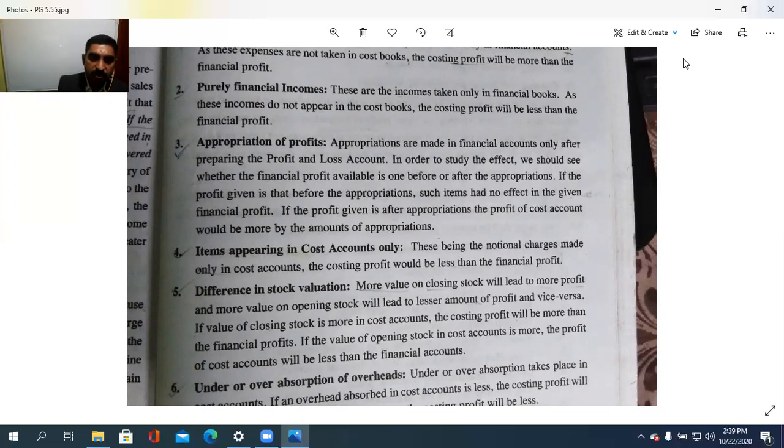If the value of the closing stock is more in cost accounts, costing profit will be more than the financial profit. That is, if the value of the closing stock, the stock at the end, is higher, the costing profit will be higher compared to the financial profit. If the value of the opening stock is more, the costing profit will be less than the financial profit. Clear? So that is the difference in stock valuation.